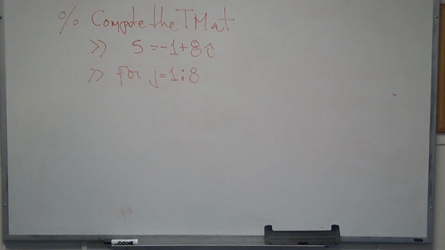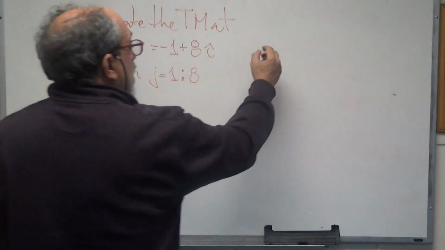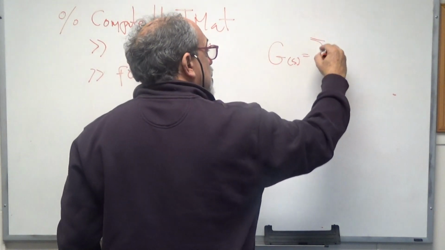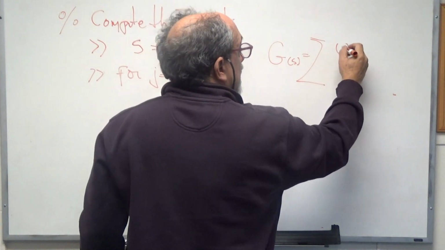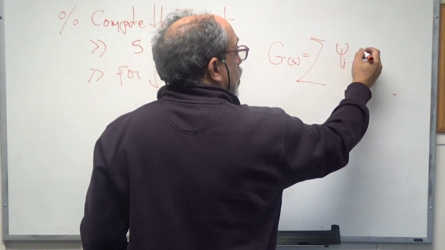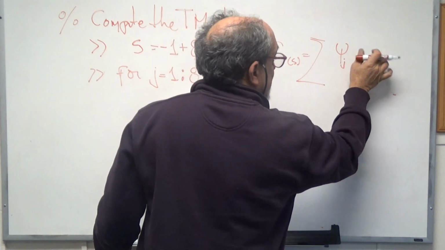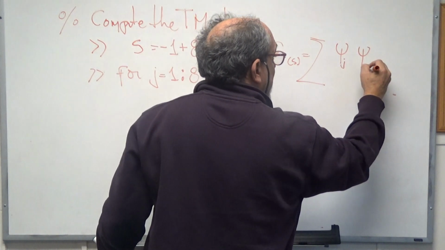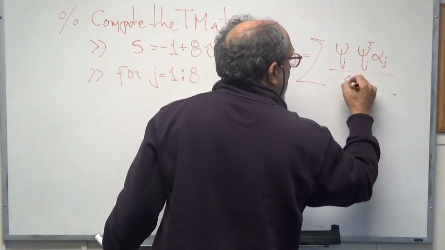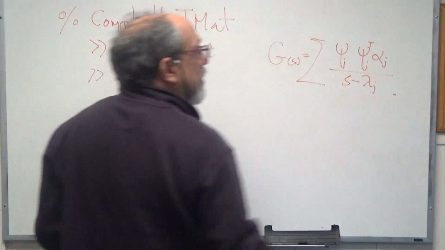So then the pole residue form, remember, the pole residue form of the transfer matrix is summation of the eigenvector times what? This is tau here, but once we know it's the eigenvector again times the constant divided by S minus lambda, right?